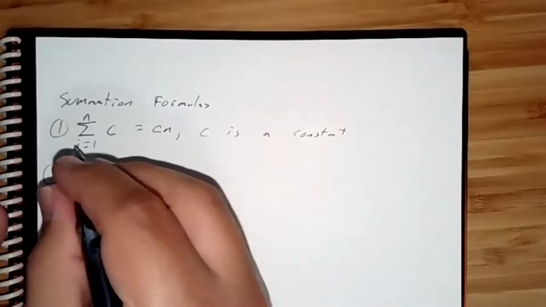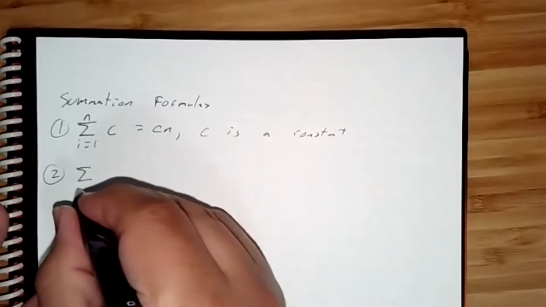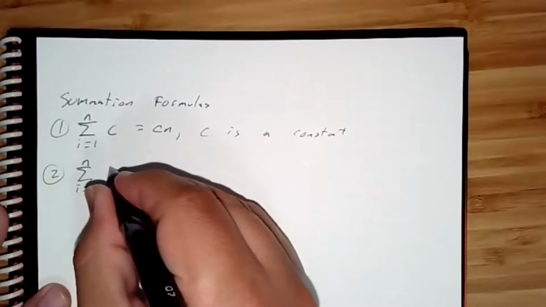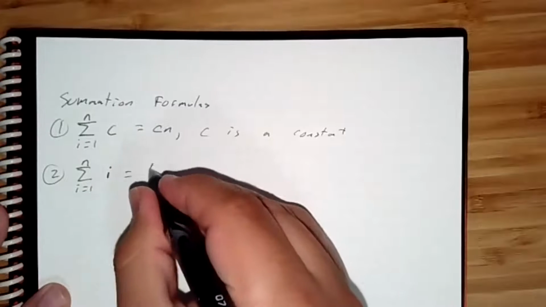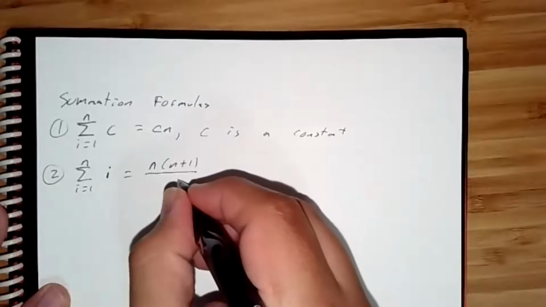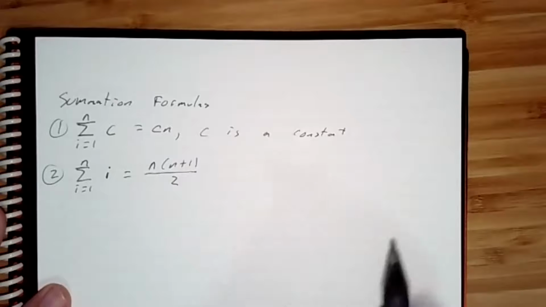Number 2: the sum from i equals 1 to n of just i is n times n plus 1 over 2. You just plug in whatever n is and you have the total sum.